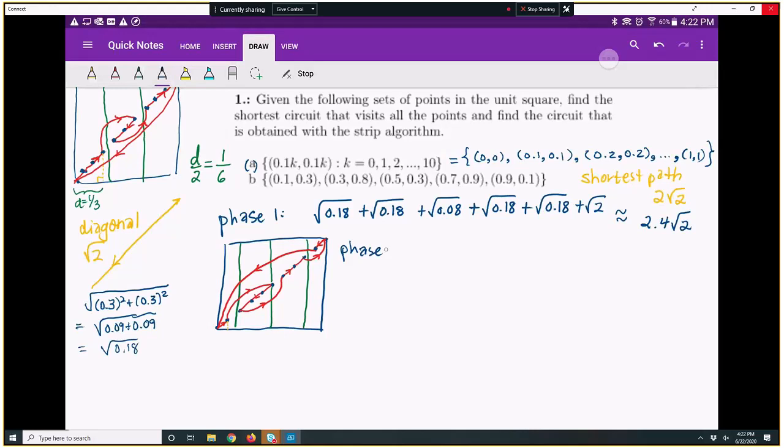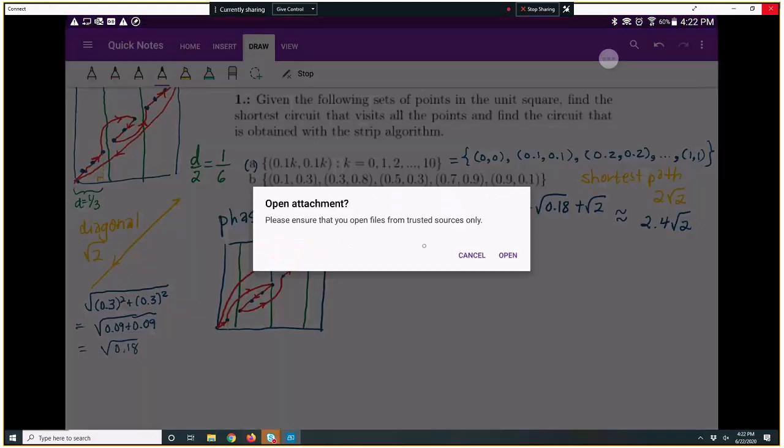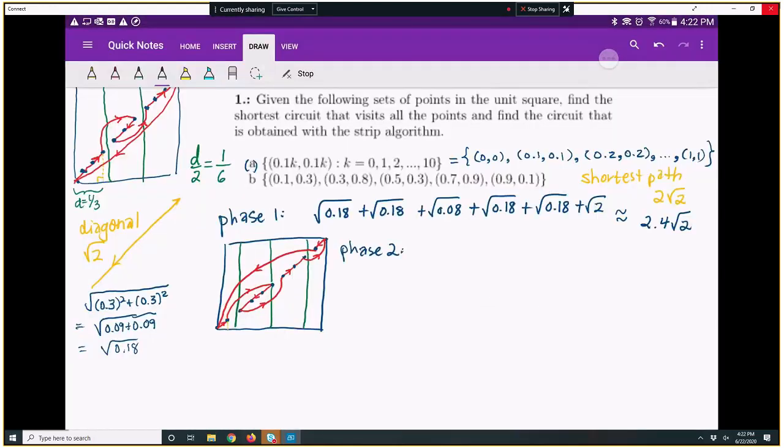So my phase 2 distances. First I go square root of 0.02. Then the next path has length square root of 0.32. Then the next path has length square root of 0.18.